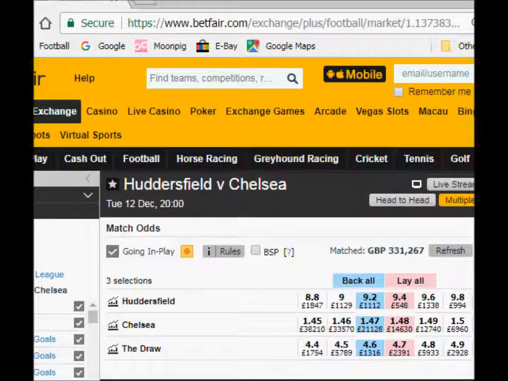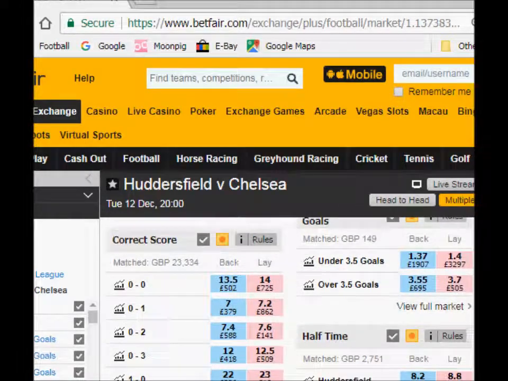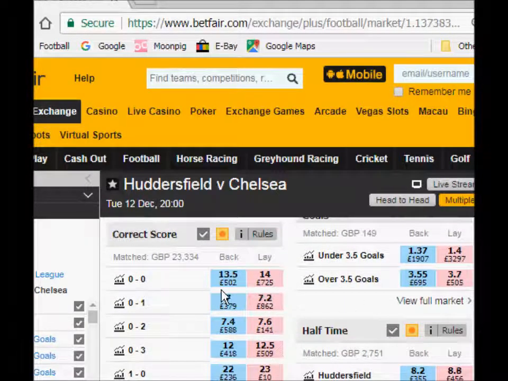Now I've gone into Betfair here, and I've got a game up for tonight between Huddersfield and Chelsea. So if we look at a nice simple trade of lay the draw and bet 0-0 as a bit of insurance. So if we were to lay the draw at 4.7 and then go into correct score and bet the draw, we'll say we'll bet at 14 just to keep it nice and easy.